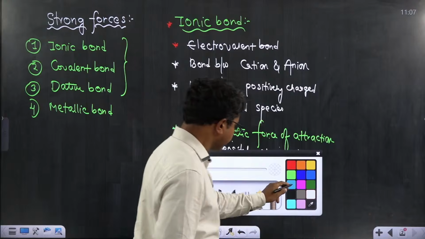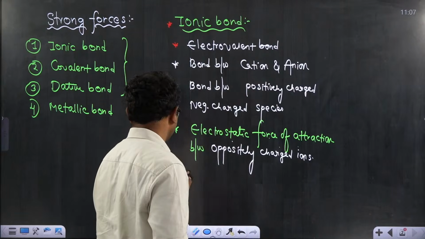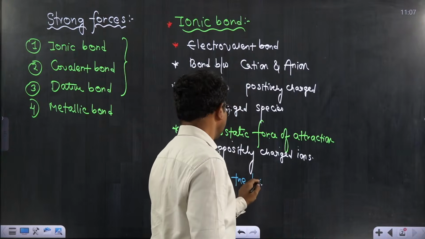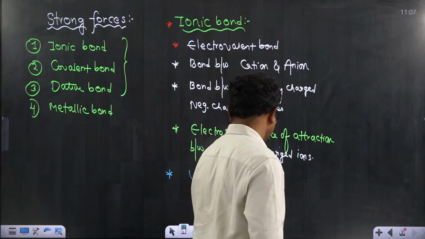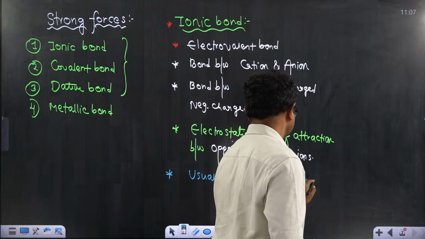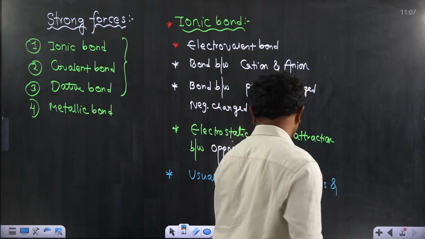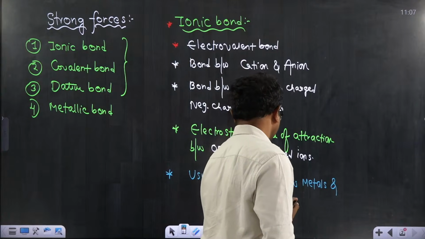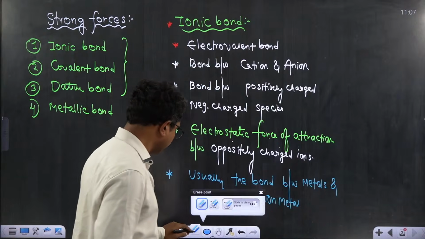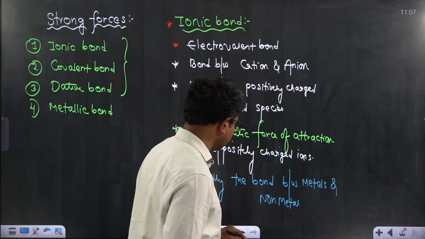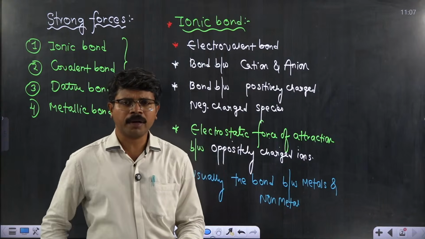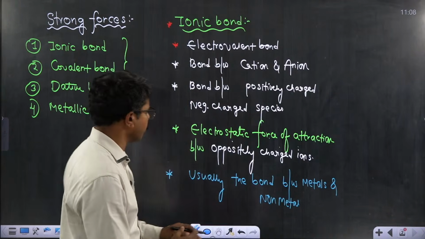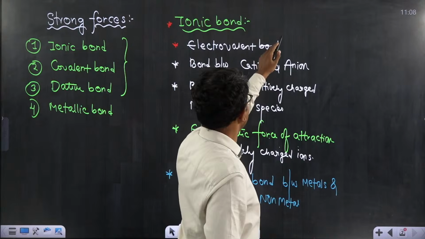And another hint: in the majority of cases, usually the bond is between metals and non-metals. When I say usually, the majority of compounds fall into this category. You may also come across ionic bonds between non-metals, which I'll explain after completing the first version. So it is considered an electrovalent bond.